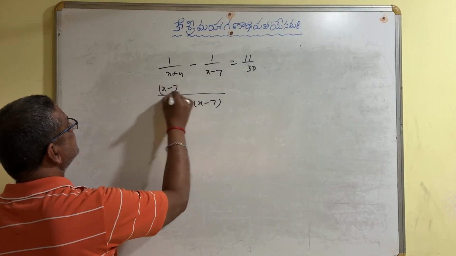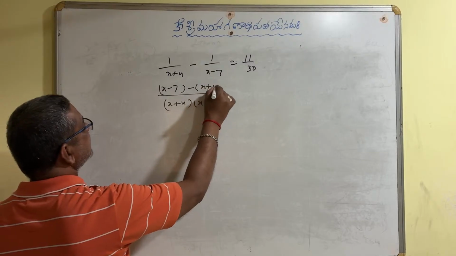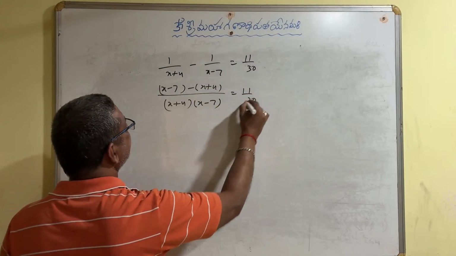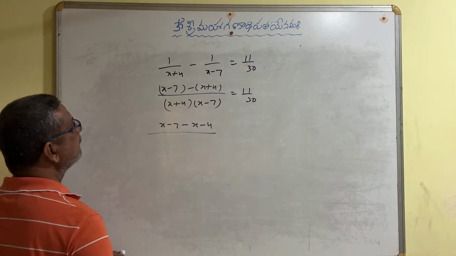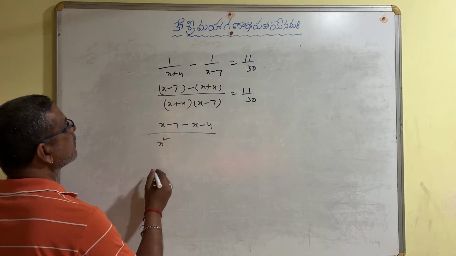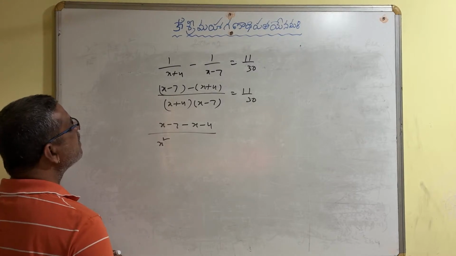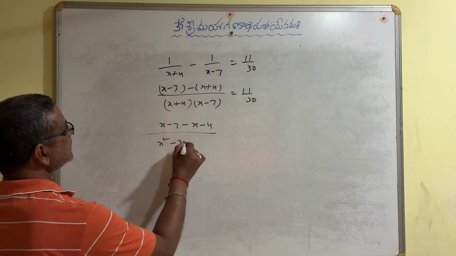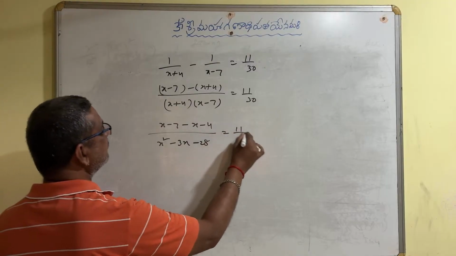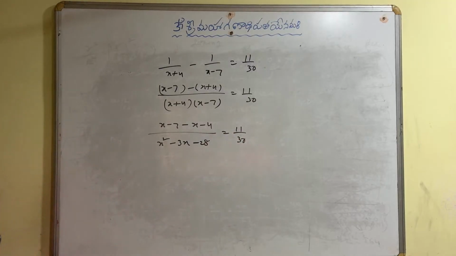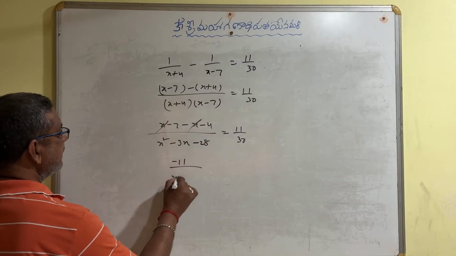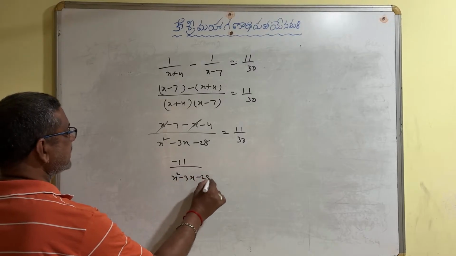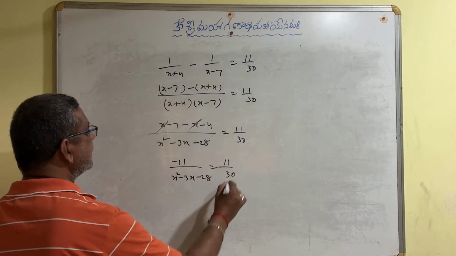Here you will get x minus 7 minus x plus 4 is equal to 11 by 30. x minus 7 minus x minus 4 by x square minus 3x minus 28 is equal to 11 by 30. x cancels. Minus 11 by x square minus 3x minus 28 is equal to 11 by 30.